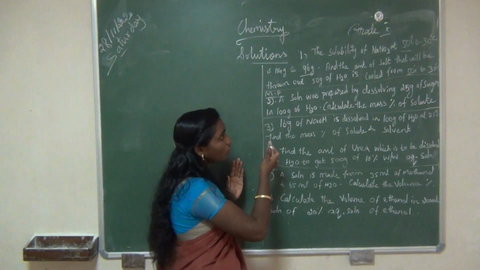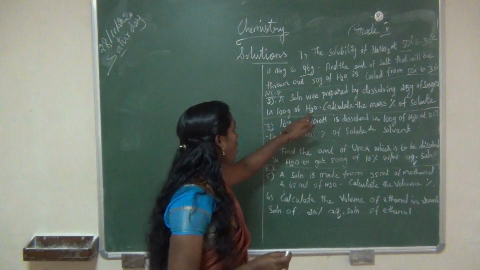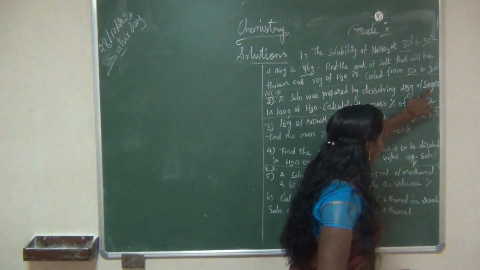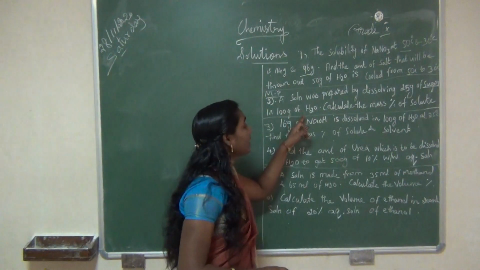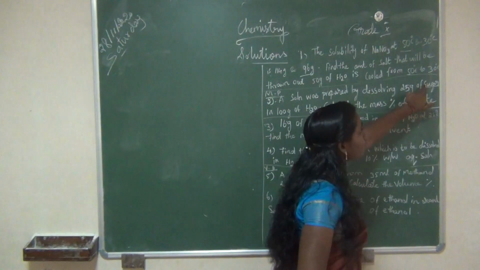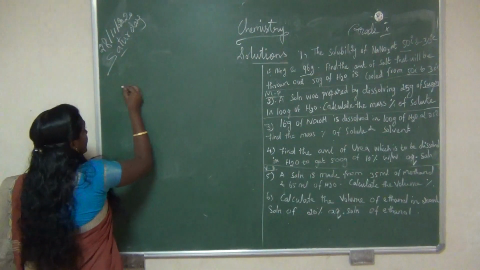Sugar is solute and solvent is water. So here 25 gram of solute is dissolved in 100 gram of water. We need to find out mass percentage of solute, right?